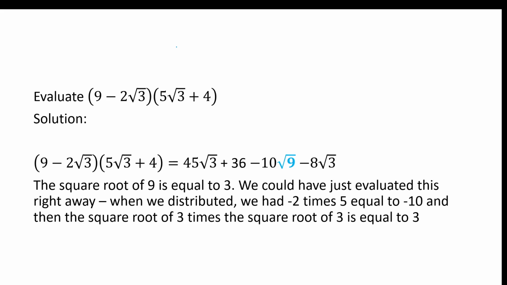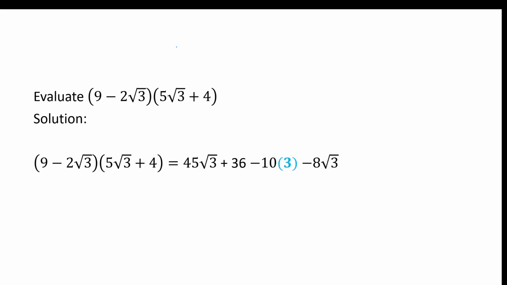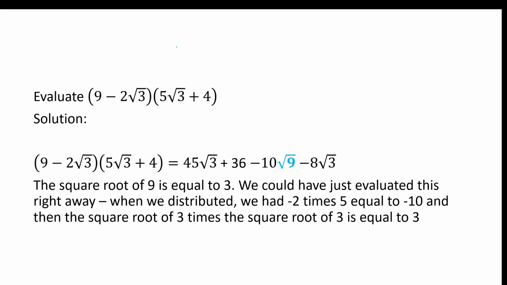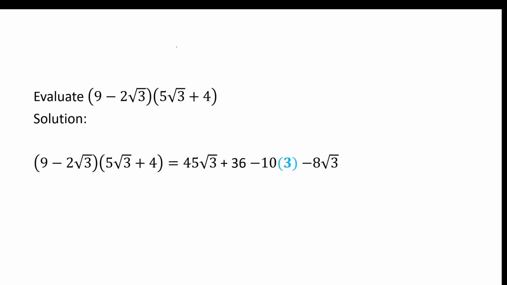Well, the square root of 9 is 3, so we could just evaluate this right away. I'll show you there in blue, it says negative 10 root 9, and now we're just calling it negative 10 times 3. And then negative 10 times 3 will just be equal to negative 30, and we show that in blue.